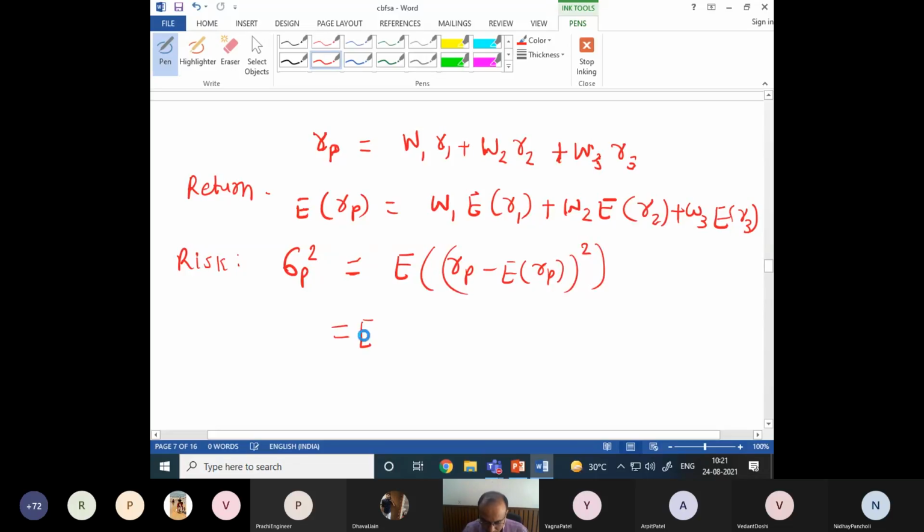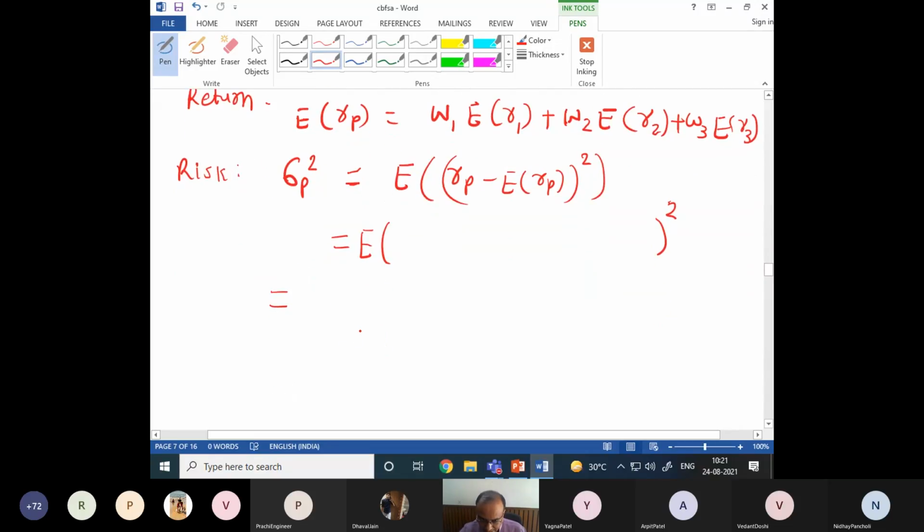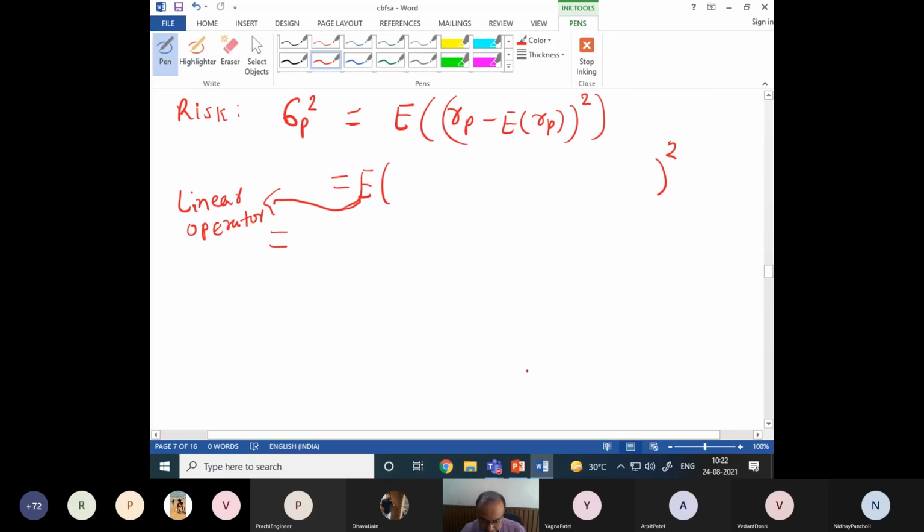So you have to substitute all these values. RP is known, ERP is known. I am not writing it. You can do the whole square, and then you have to expand and apply the property of expectation, where we have seen that expectation is a linear operator which possesses all the properties of linearity. So you do this expansion yourself and try to find, and you will come to this equation.